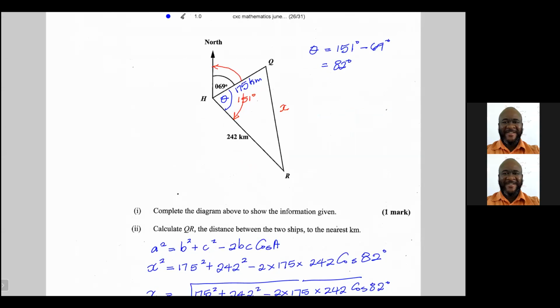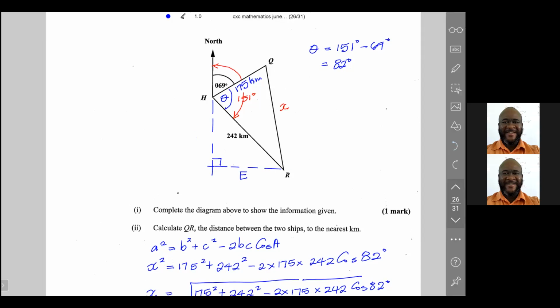What I'll do here is continue the north-south line, and then draw another line here such that the two lines I just drew intersect at right angles. So this would be the distance east, and this would be the distance south. Let's call it S.